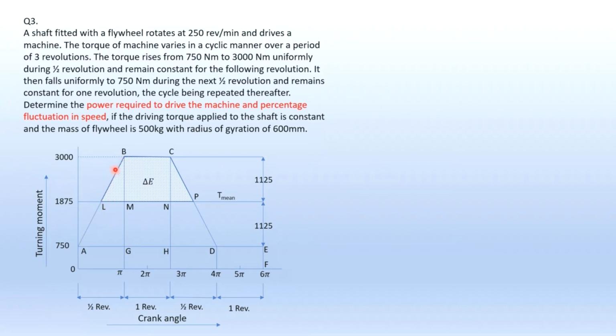So that's why this is a straight slanting line, taking up pi. Then it remains constant for the following 1 revolution. So B to C is 1 revolution, that is 2 pi, remaining constant here.